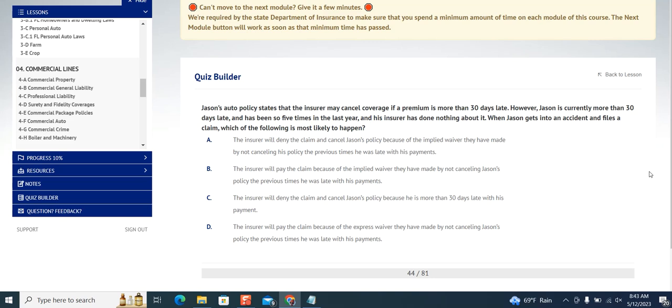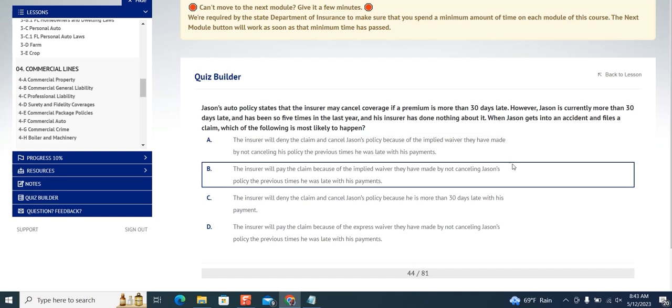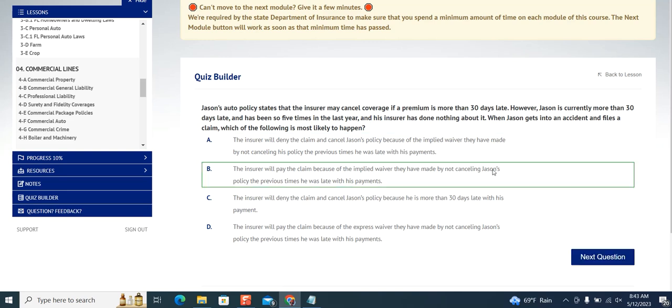Okay, one of these means that they did it in writing. I think express waiver is when they actually write it out. So I'm thinking the answer is gonna be B because they obviously allowed him to keep his insurance even though he was late.